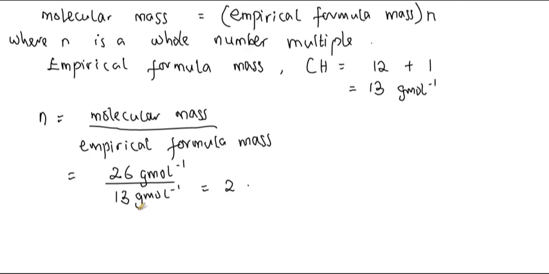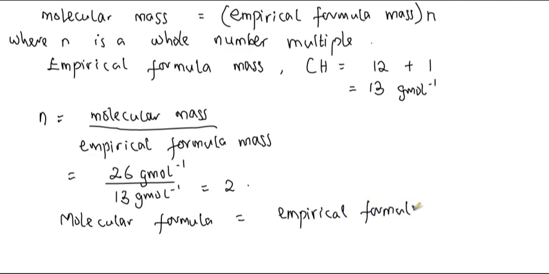Getting N to be 2, we can then conclude that the molecular formula, which is a multiple of the empirical formula, equals the empirical formula CH in brackets of N, where N is 2.